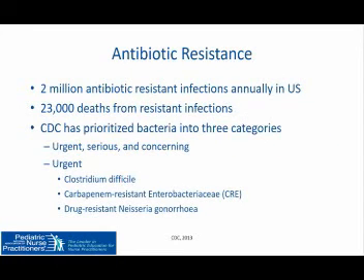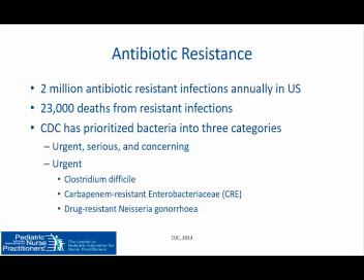So antibiotic resistance, this is a huge problem, and it's not getting any better. It's getting worse. They estimated, the CDC in 2013, there are about 2 million antibiotic-resistant infections annually in the U.S., about 23,000 deaths from resistant infections.